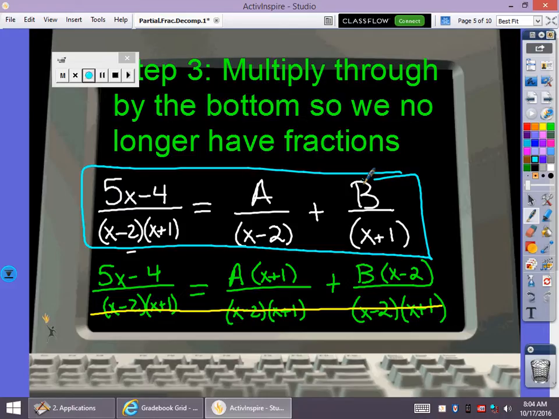And I'm not going to write A, I'm going to write 2. And I'm not going to write B, I'm going to write 3. And I'm okay if on your tests or quizzes you do it just like this. You cross it out and replace it with this number. That is my final answer. Problem done. You don't have to rewrite it again, no. You can go back to the top of your page and cross out A, write it in, cross out B, write it in.